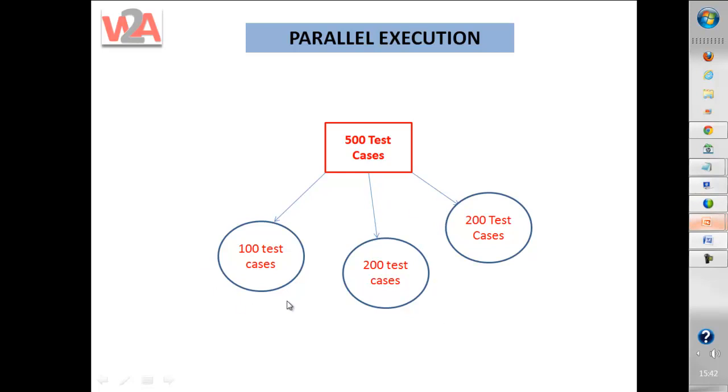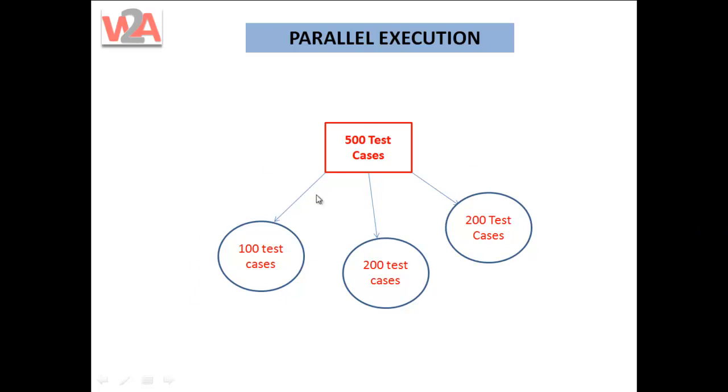So I can have 100 test cases run on the first machine, then 200 test cases run on the second machine, and then the rest of the test cases will be executed on the third machine.